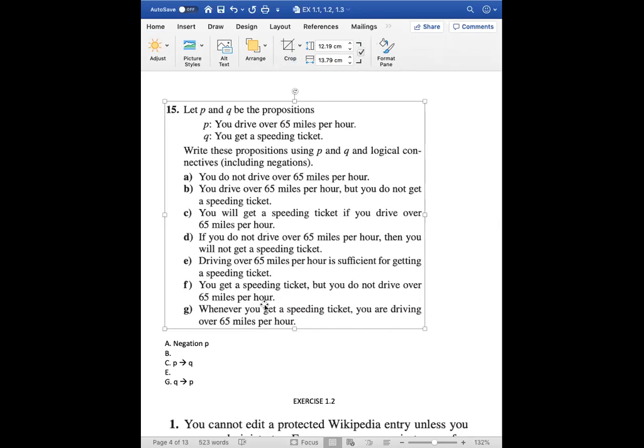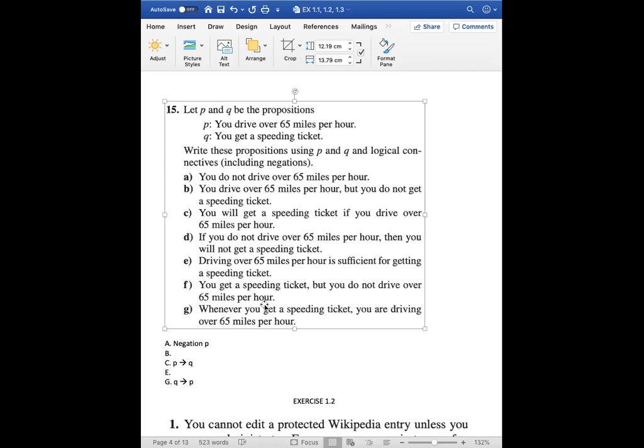For example, for the conditional, there are some words which hint that you need to use this operator as compared to, for example, biconditional. So just make sure to go over the slides, and this will ensure that you're using the right operators.